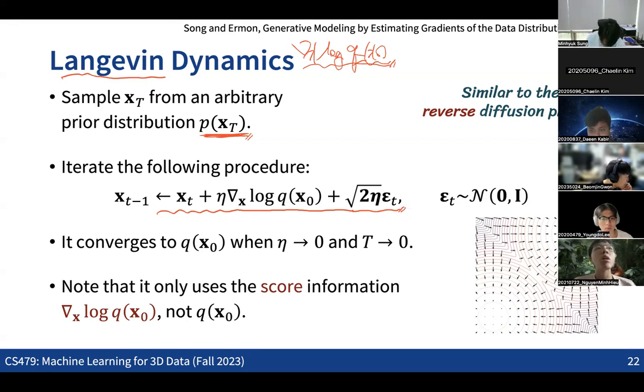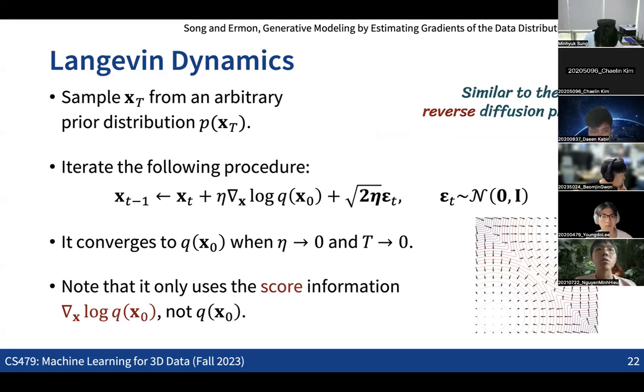If you iterate this diffusion-like process multiple times, then at the end of the day, all the samples will become samples of the real data distribution q(x0). That's the idea of Langevin dynamics.